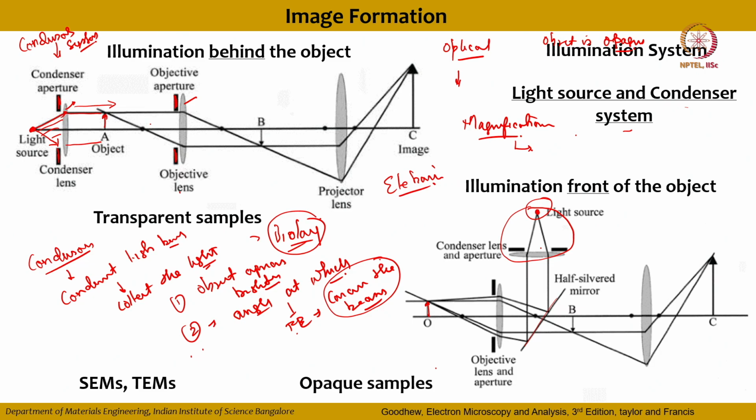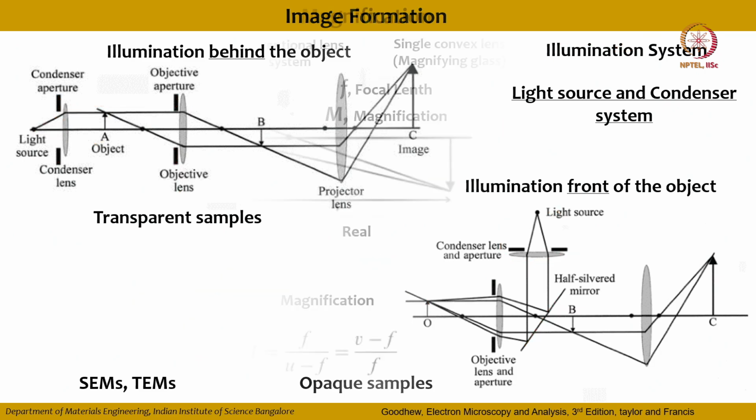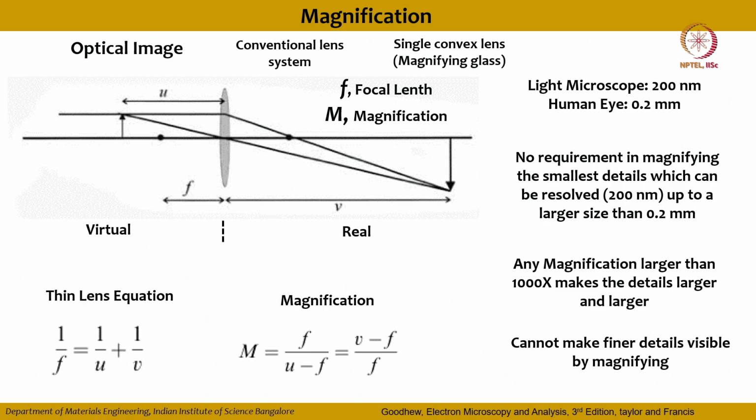So if you compare any lens system magnification, you can see that in a light microscope the resolution is around 200 nanometers because it uses light as the source, and the human eye can detect up to 0.2 mm in size.